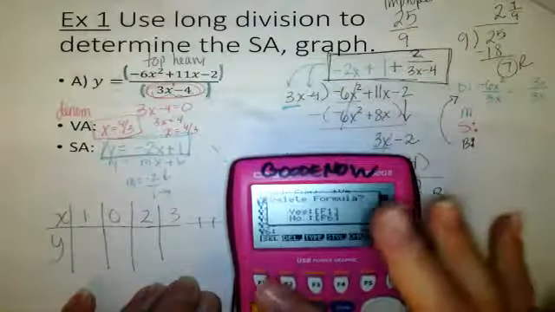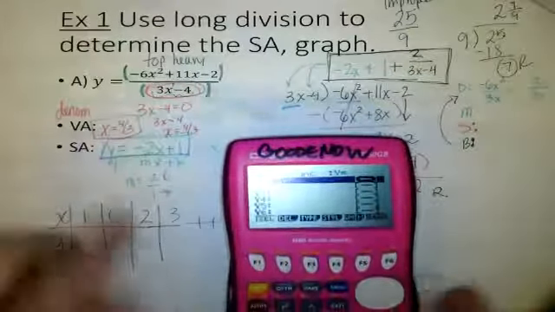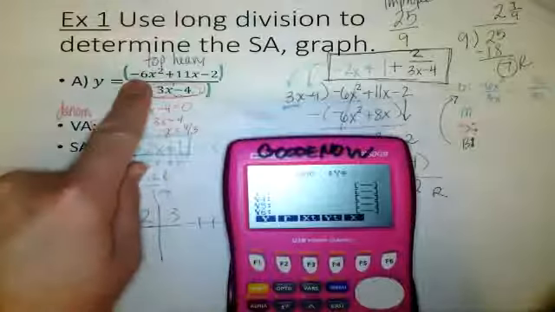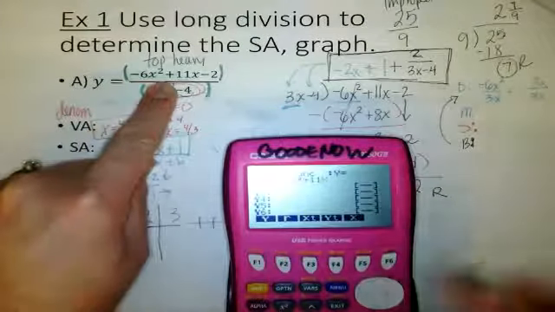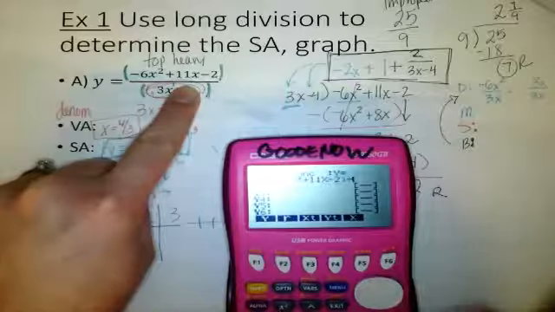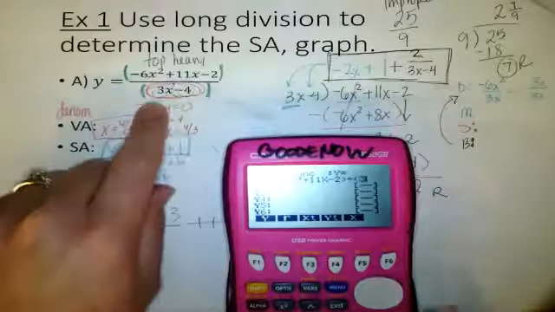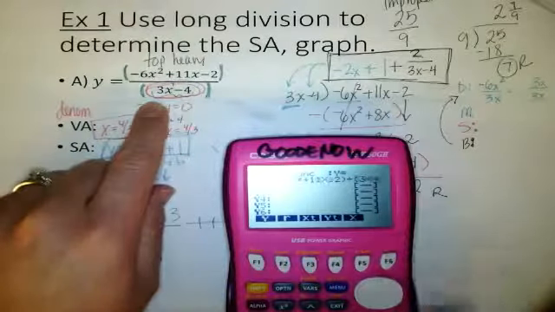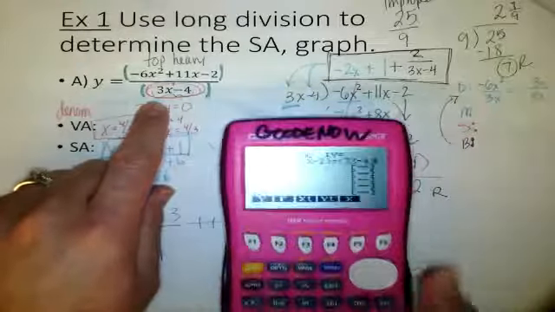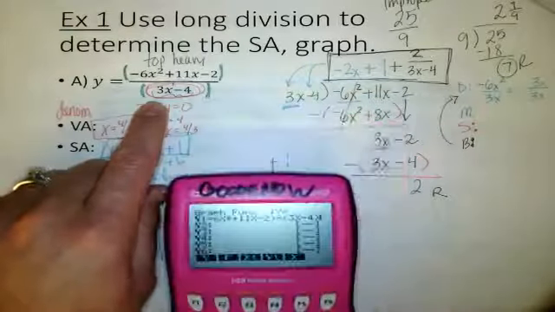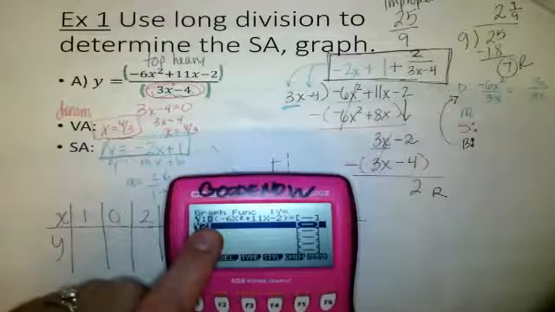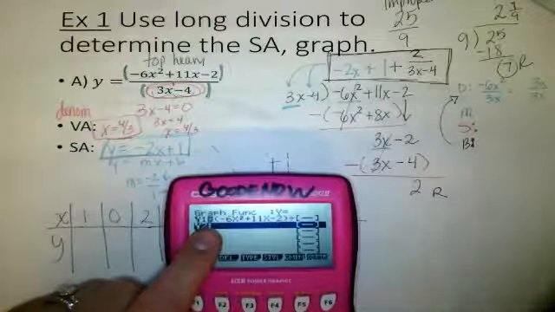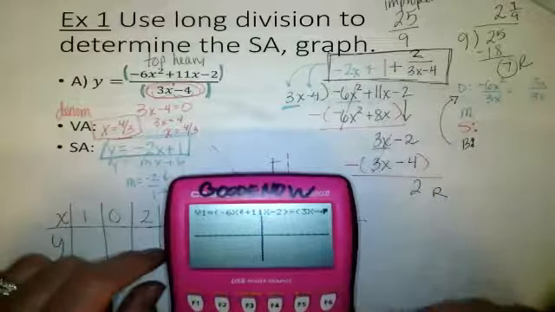I'm going to delete this equation, and I'm going to type in parentheses negative 6x squared plus 11x minus 2 divided by 3x minus 4. So I have my equation. I'm going to execute, so it's highlighted. You see how that equal sign gets highlighted? That means it's actually going to graph it. And I'm going to hit draw.